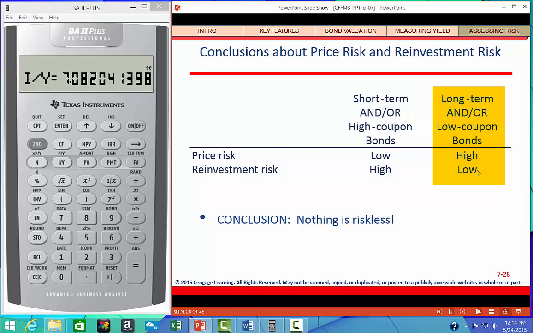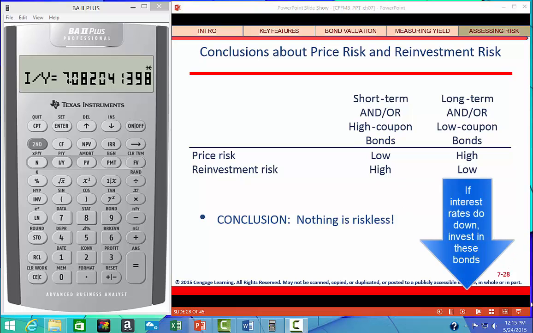So a strategy here is, if you think that interest rates are going to go down, you should invest in long-term bonds, and even better, long-term bonds that have low coupon rates, because then you'll get the maximum gain in price that you could get.